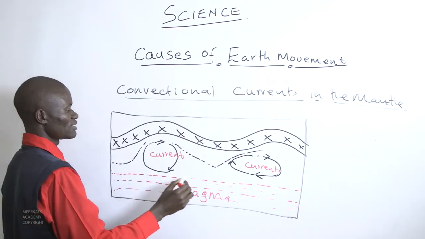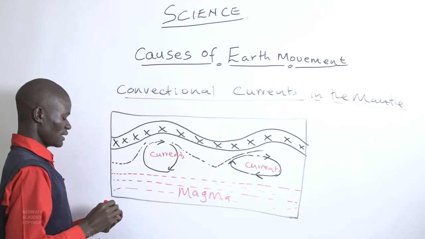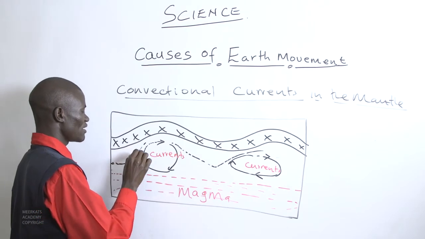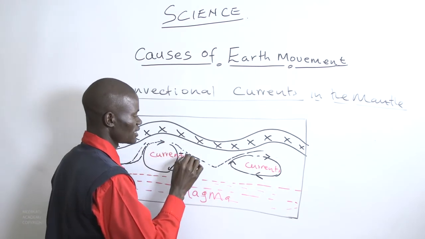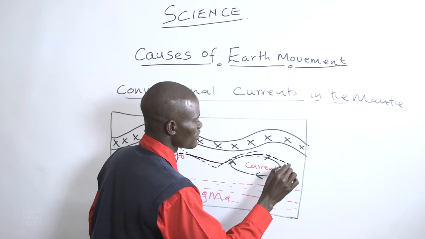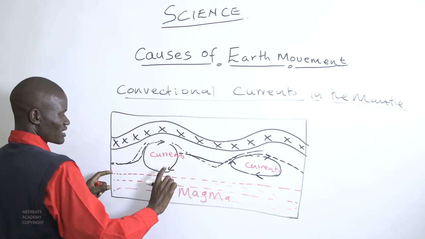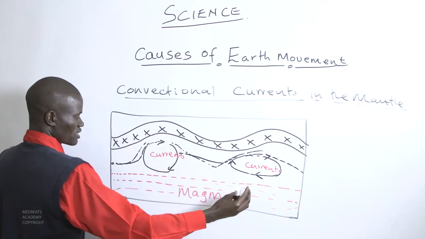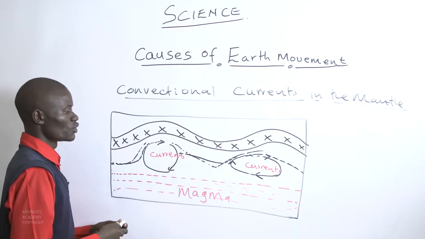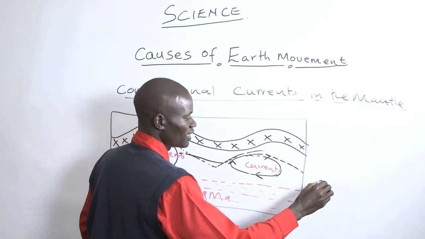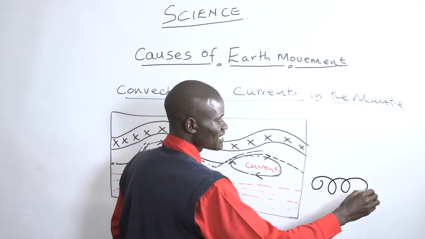When this magma generates convectional currents, it is going to exert a frictional drag. That frictional force is going to cause the entire rocks that are in molten form to begin moving in a horizontal manner, moving in these currents.